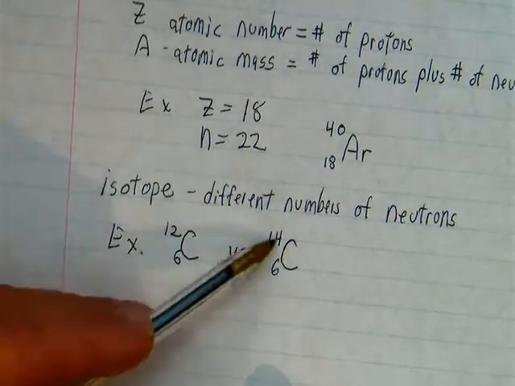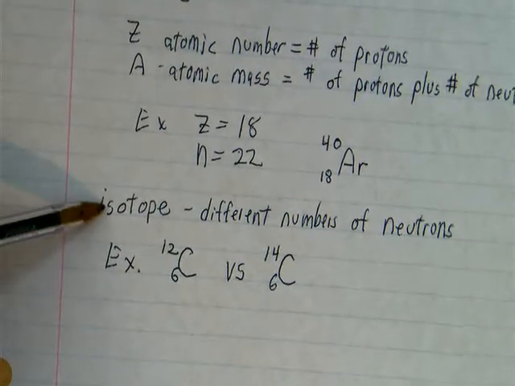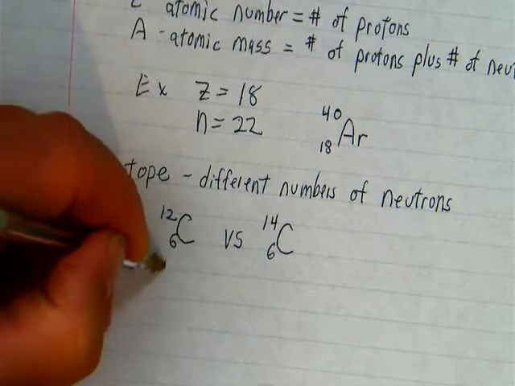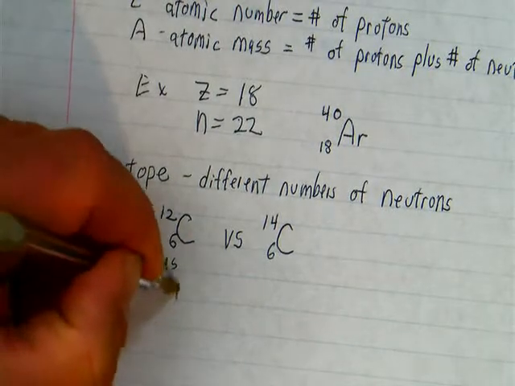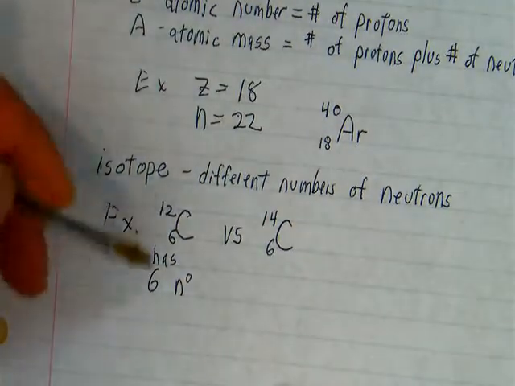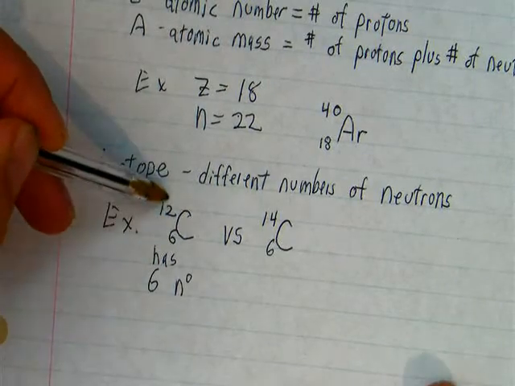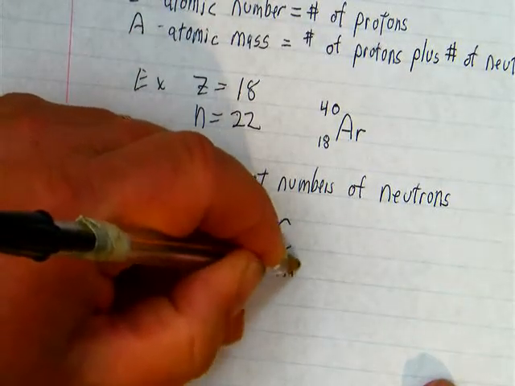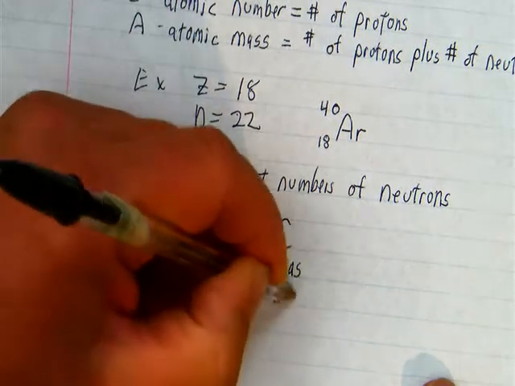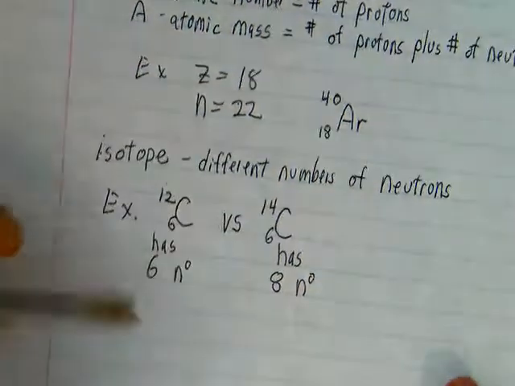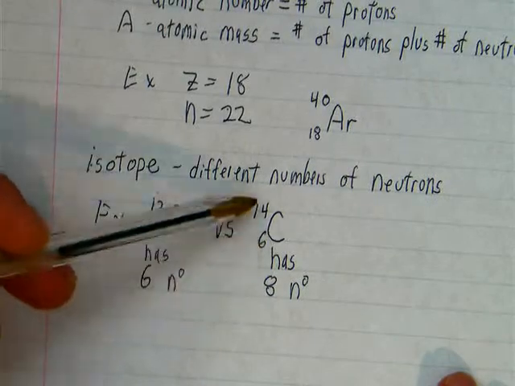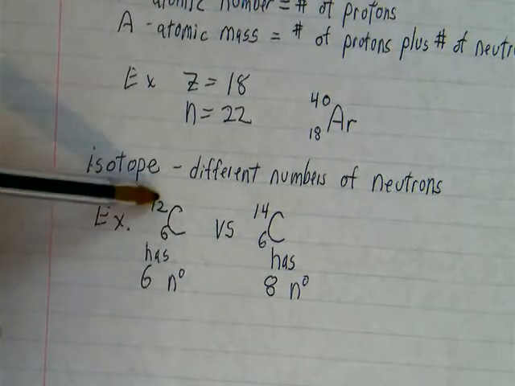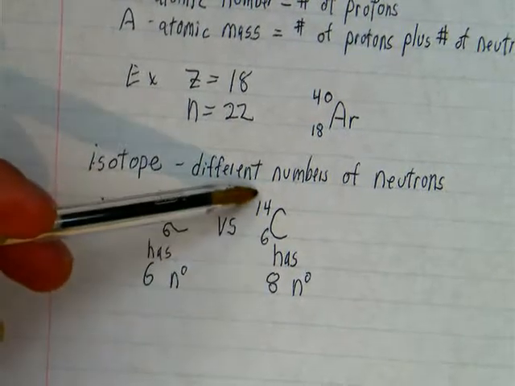What's different between these two isotopes is that carbon 12 has 6 neutrons because 6 plus 6 is 12, while carbon 14 has 8 neutrons. 8 plus 6 equals 14. I don't know what I said here. 6 plus 6 is 12. 8 plus 6 is 14.